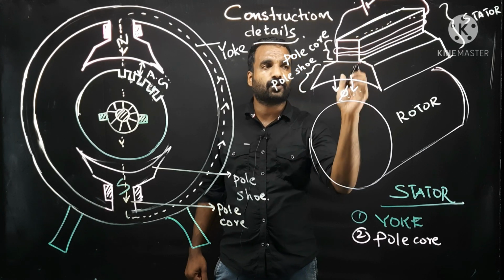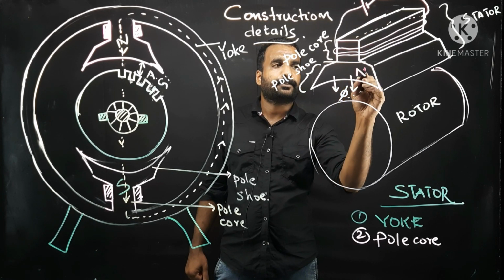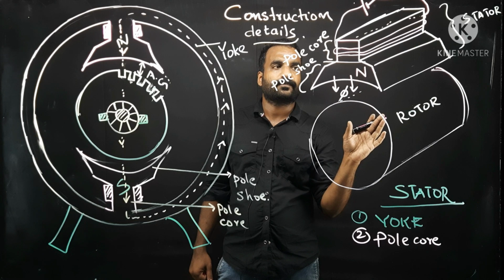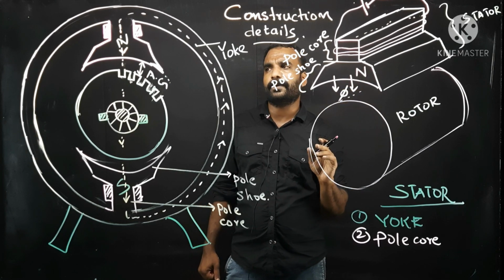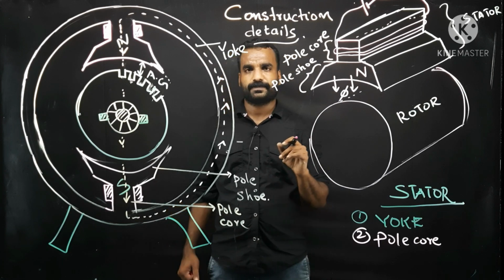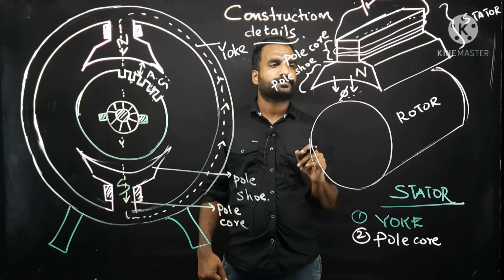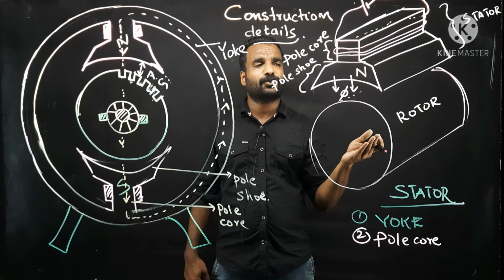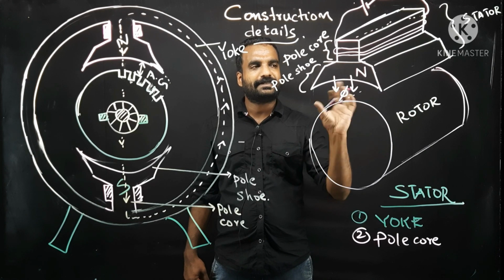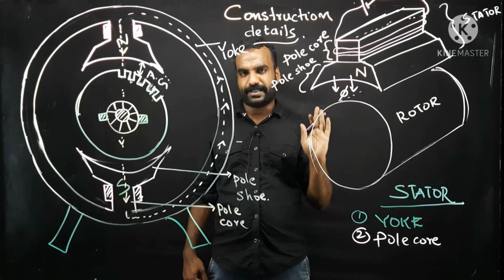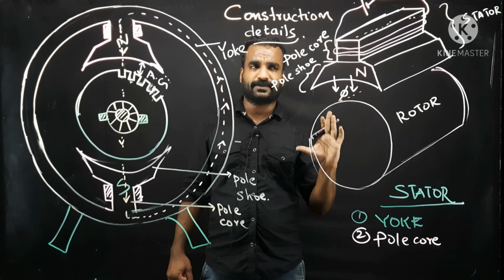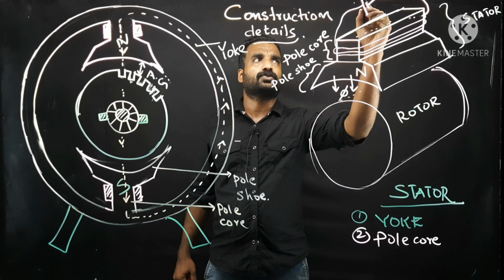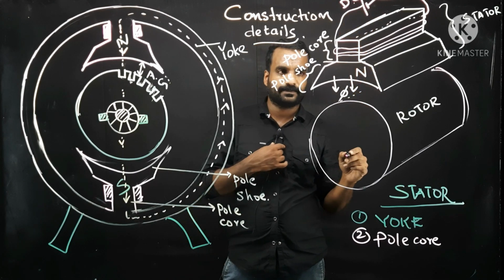If it is a DC source, its polarity will not change. The north pole will always be north and the south pole will always be south. If it is an AC source, what happens? In each half cycle, its polarity will change. We know that in all machines we use DC flux or steady flux, so the excitation source is always DC.